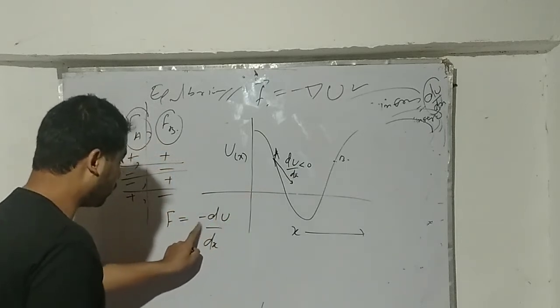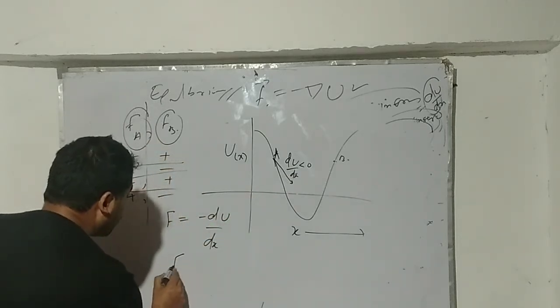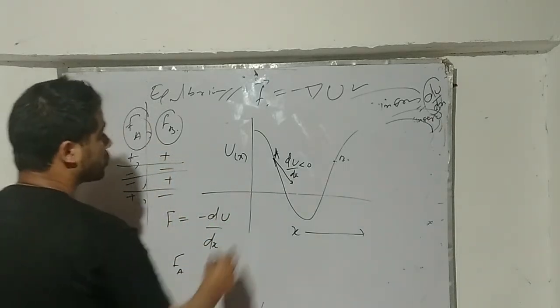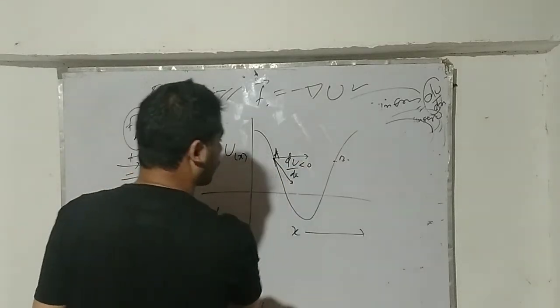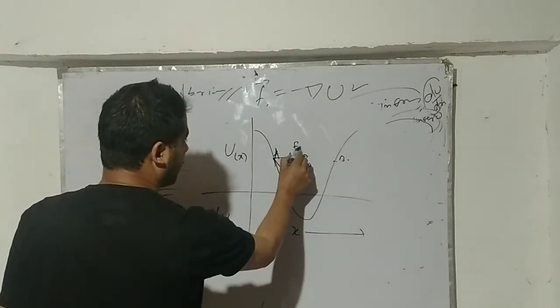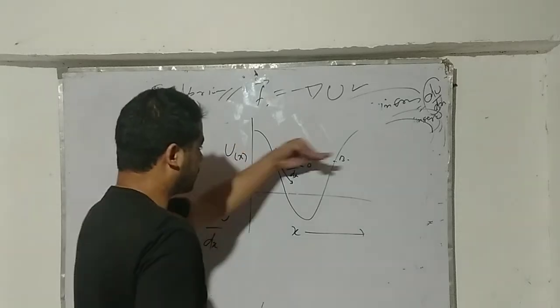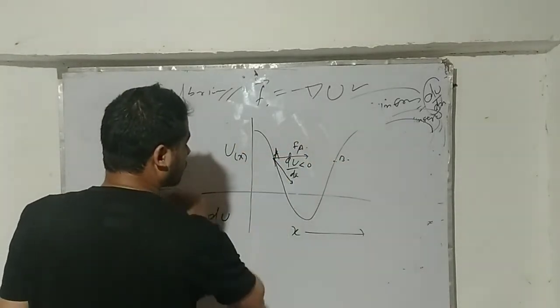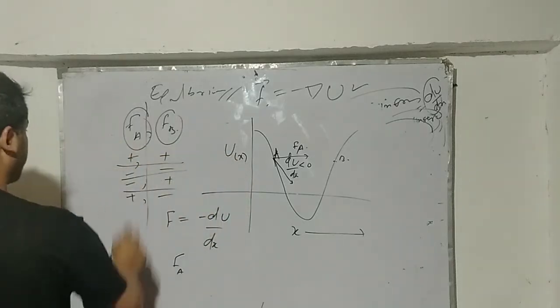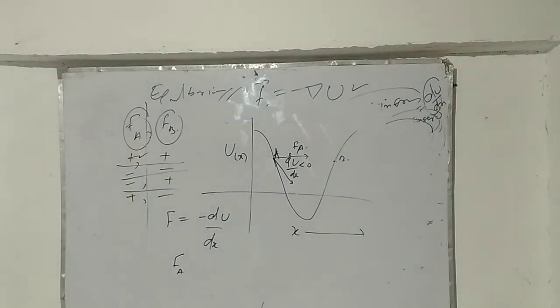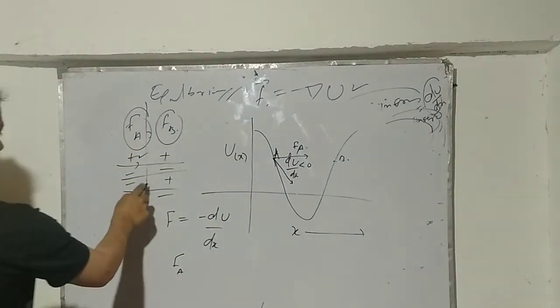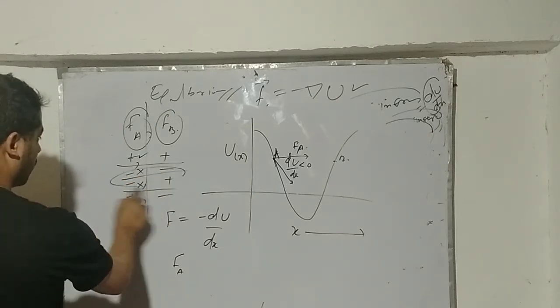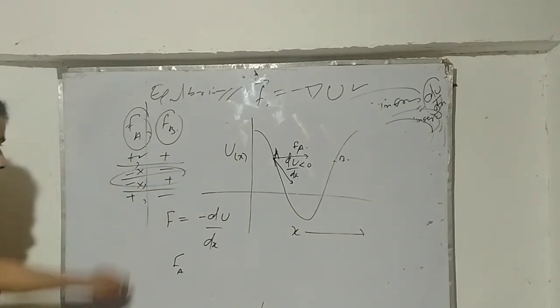Negative of the negative slope means that the force at point A will be positive, so FA will be in this direction because it's the positive direction of force, okay? At point A, my force is positive, so I can eliminate these two options. So I can look at the first and fourth options here, okay?